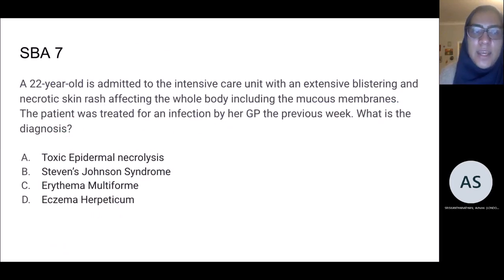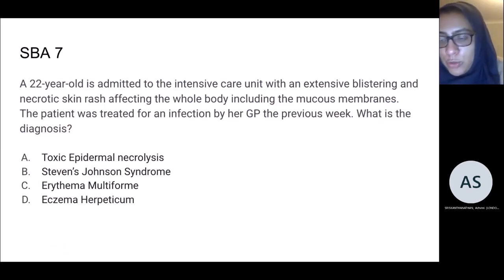Okay, SBA 7. A 22-year-old is admitted to the intensive care unit with extensive blistering and necrotic skin rash affecting the whole body, including the mucous membranes. The patient was treated for an infection by her GP the previous week. What is the diagnosis? I'll give you guys a little time to answer that.